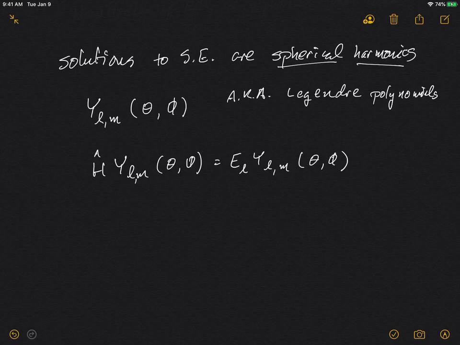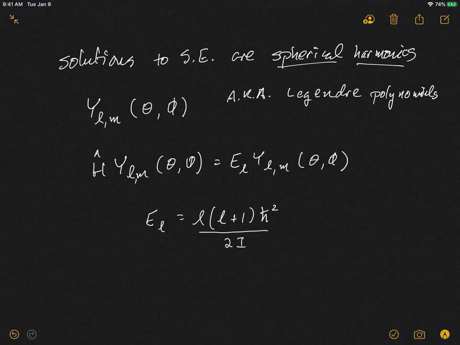That's the instantiation, right? When we put the details of this system in, we call that particular wave function a YLM. And again, it shows up in other equations. And then the expression for the energy is script L times L plus 1, h bar squared over 2I.